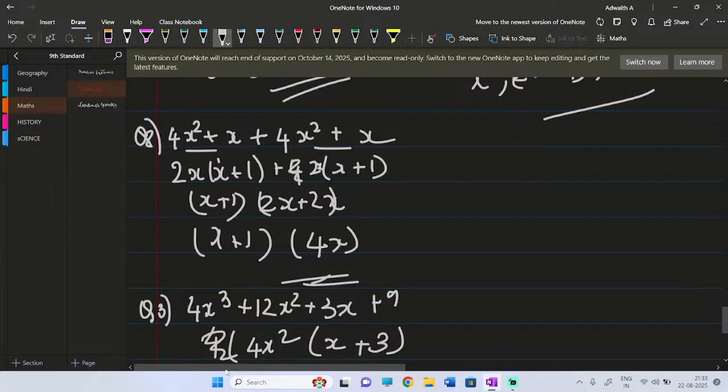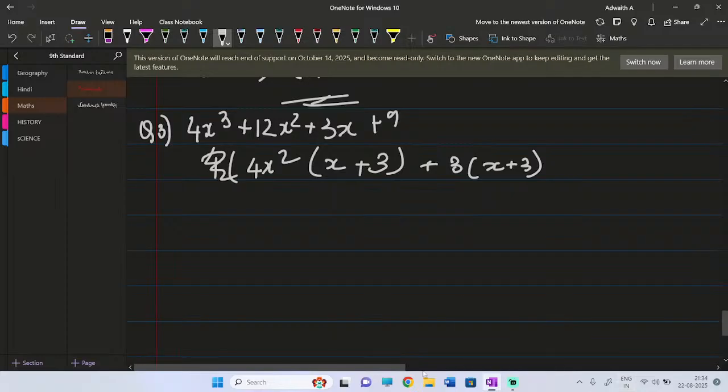Then this plus comes, plus what do you take? Take 3 common. Having taken 3 common, 3 into x plus 3. Now we got something common here.